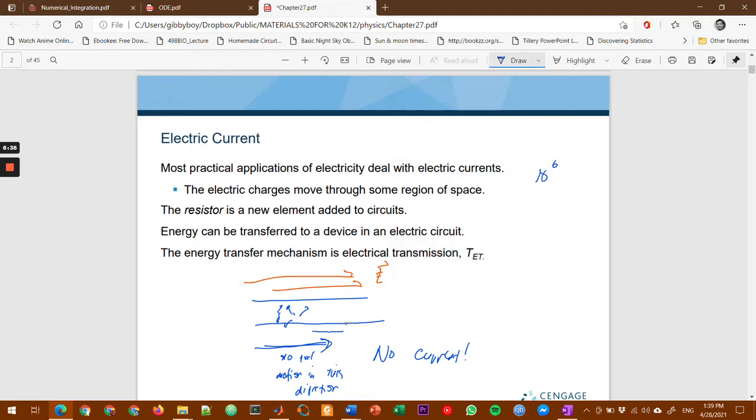In this case, there is a net motion in this direction, and so there is current. Current exists. And these charges begin to move in this direction because it feels the field.